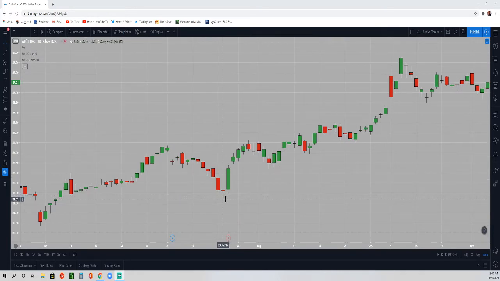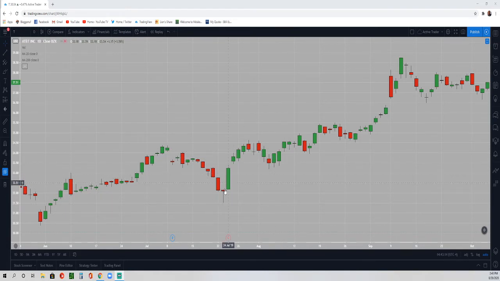When you first start trading, or you want to look at a chart on a screen, whether it's on your phone or anything, the first thing is candlesticks. On this particular stock I have two different types of candles, and I'll go over some of the ones that really stand out.